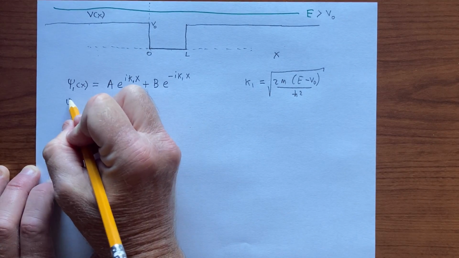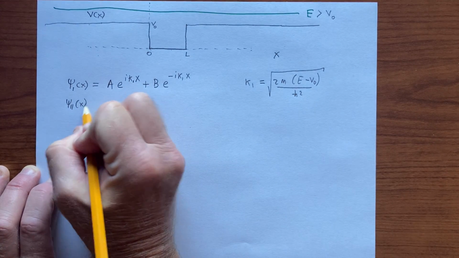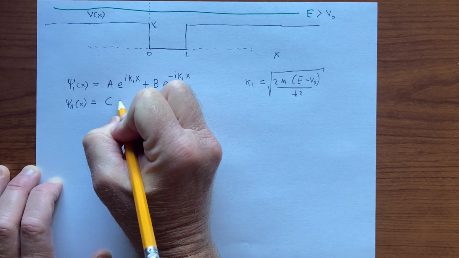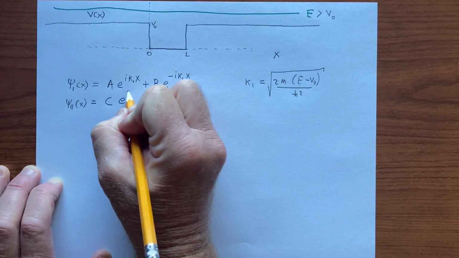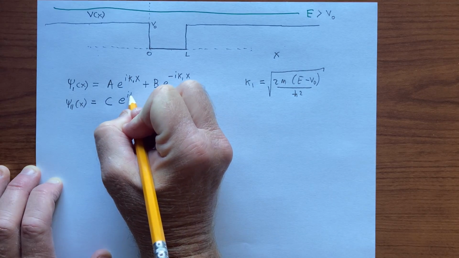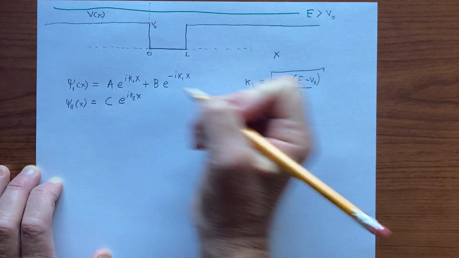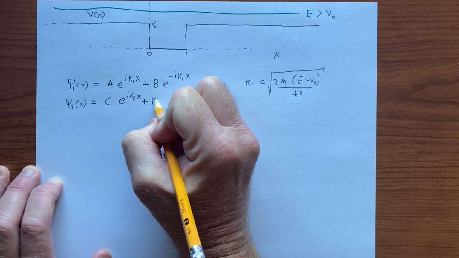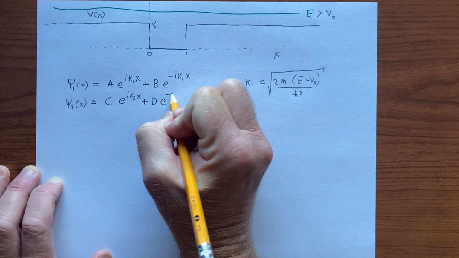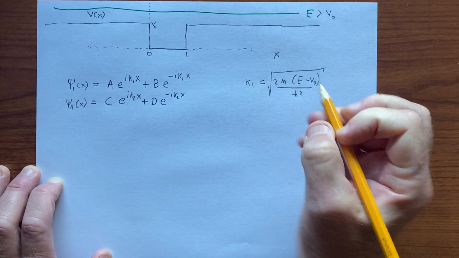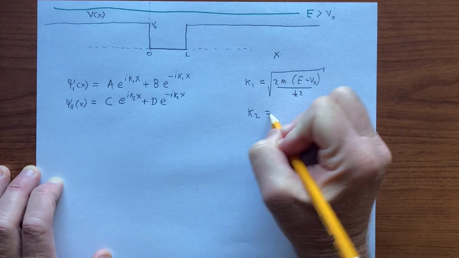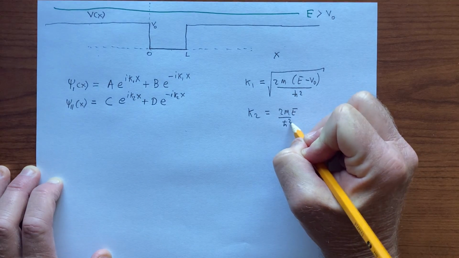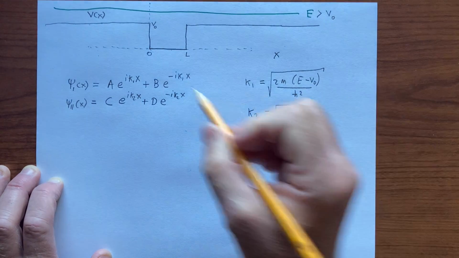In region 2, the solutions are the same as these two, but with wave number k2, where k2 is 2mE over h bar squared because the potential is 0 there.